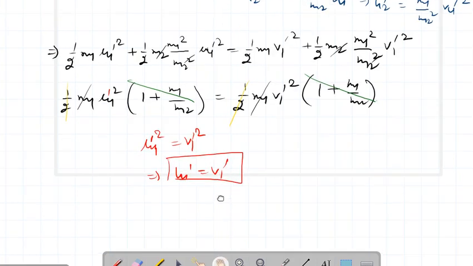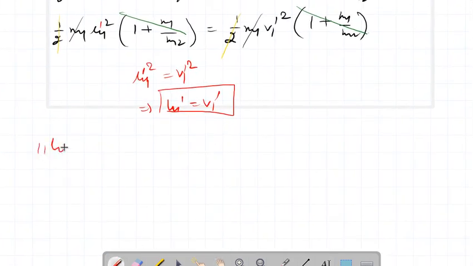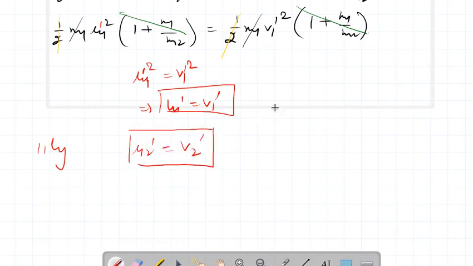And similarly we can prove that u2' is equal to v2'. Let me call this equation number 11 and this equation number 12.